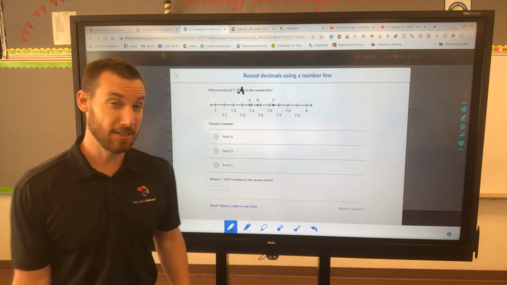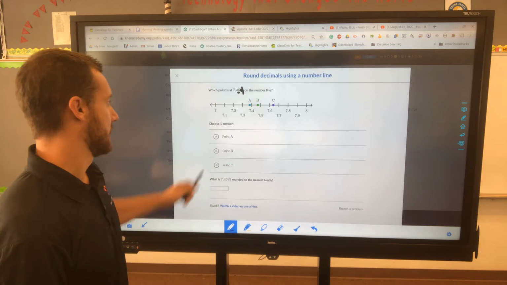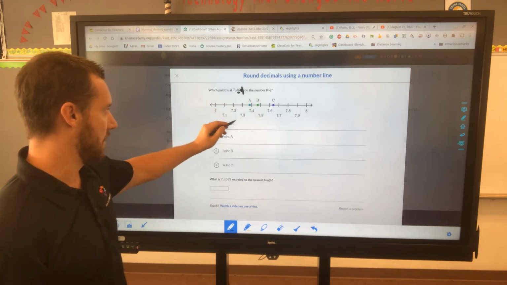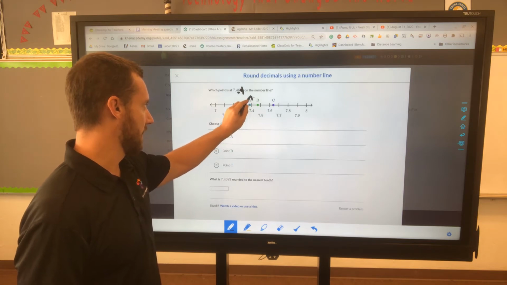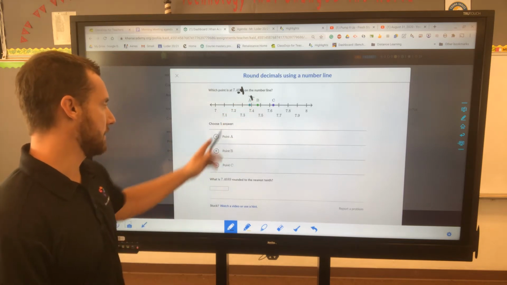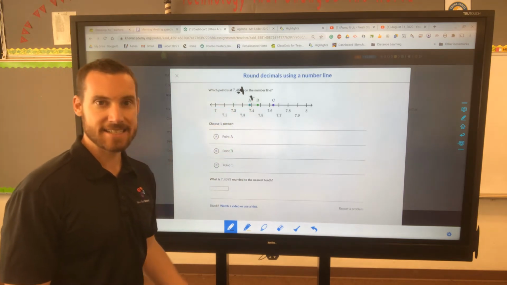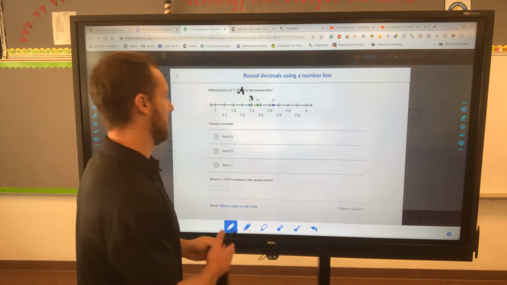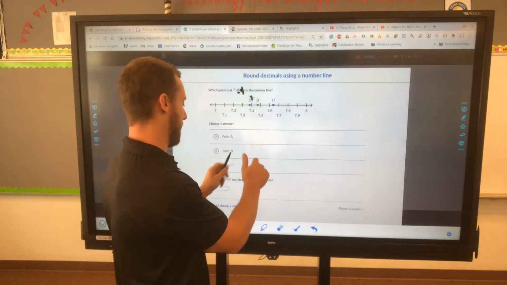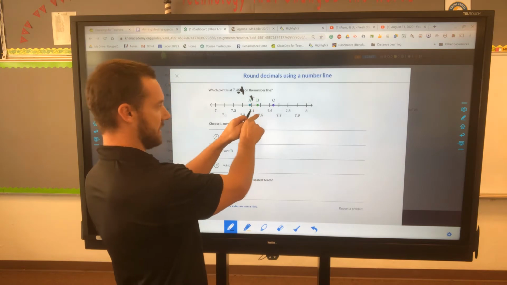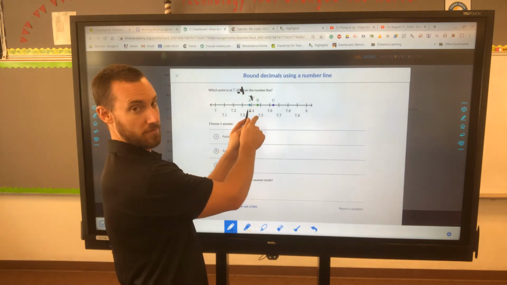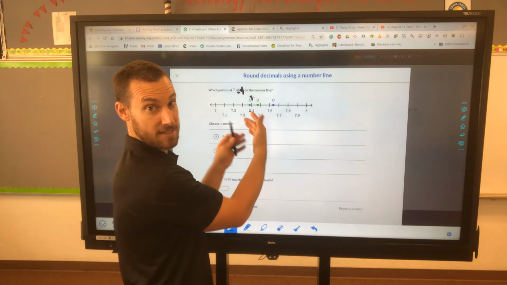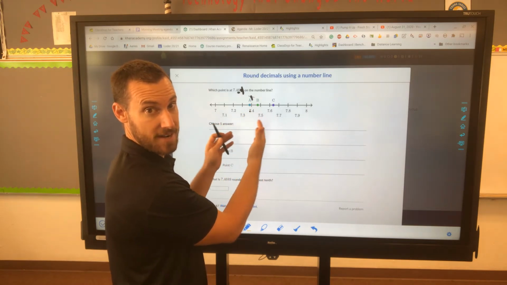And that makes it a little bit easier. So 7.4 is going to be right here, and then we are going to be counting over 6 hundredths. There are 10 hundredths, if we remember, in between the 7.4 and the 7.5. Between 4 tenths and 5 tenths, there are 10 hundredths.